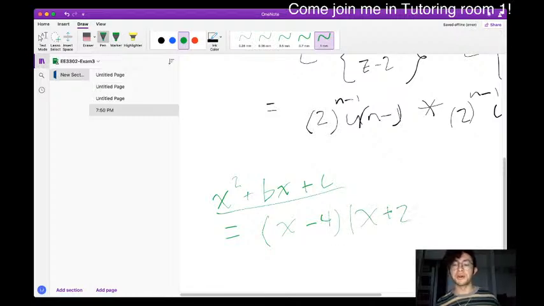Whatever comes out to this quadratic, you should try to factor it.